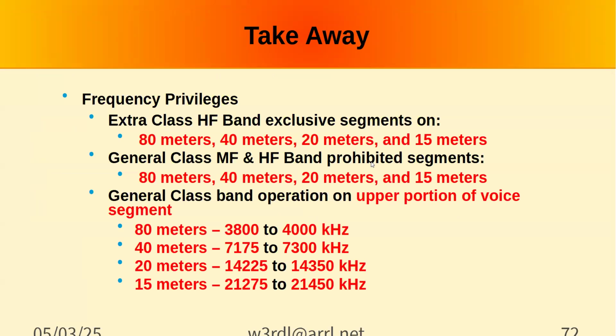Okay, so we talked about the exclusive segments on 80, 40, 20, and 15 for Extra. And General can't transmit on those subbands on 80, 40, 20, and 15. General class can use the upper portion of the voice segment on those four.